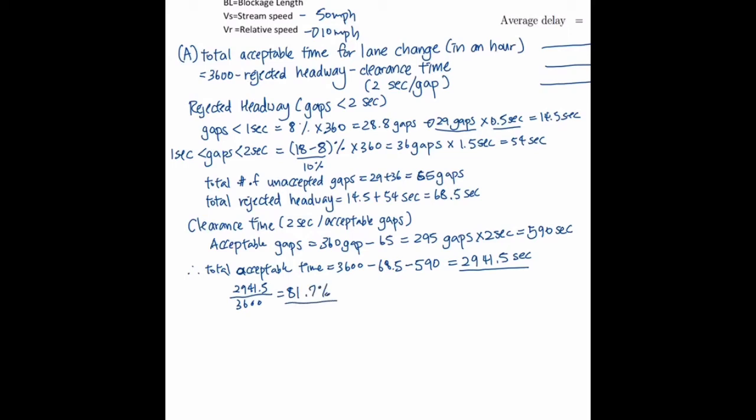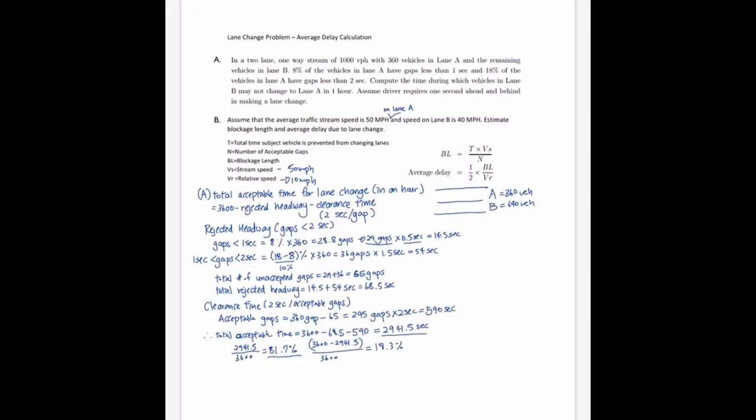So 81.7% of the time, drivers from lane B can change to lane A in an hour, and the time that drivers cannot make changes will be 18.3% of the time. So we got number A.